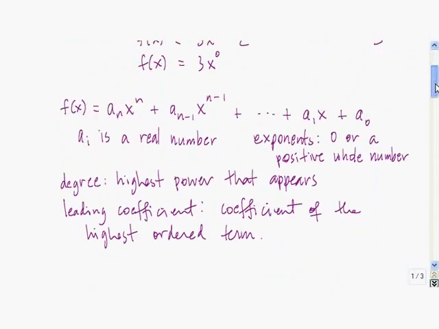Okay, let's take a look at the graphs of some polynomials. Let's take a look at the graph of f of x equals 3x squared plus 1. I'll just draw a rough graph. I won't be too precise. We know that this is a quadratic, so we know that its graph is a parabola.